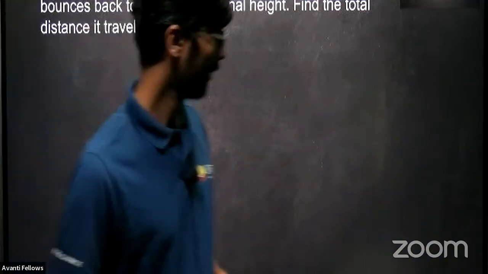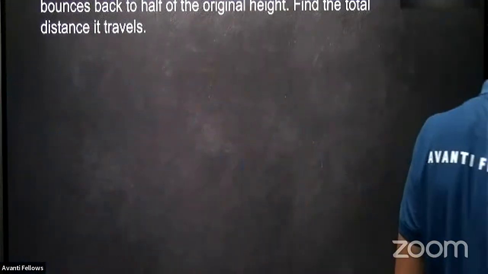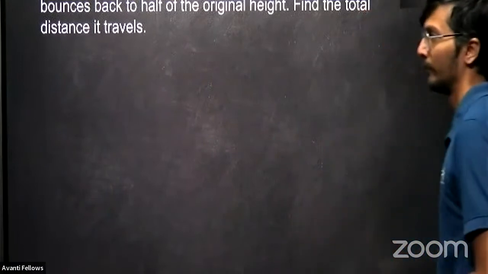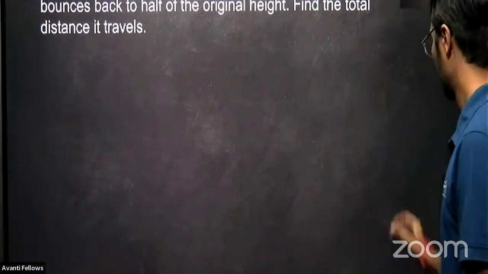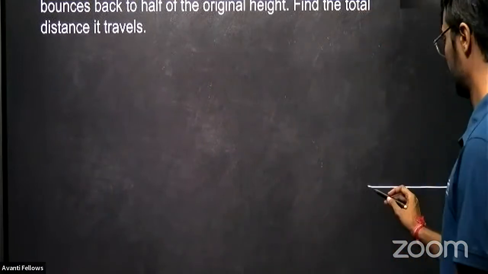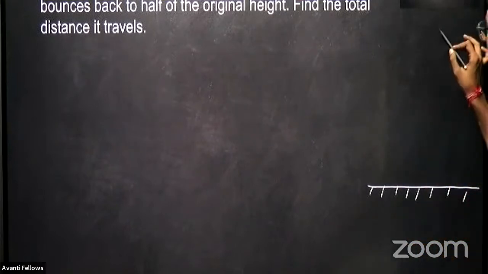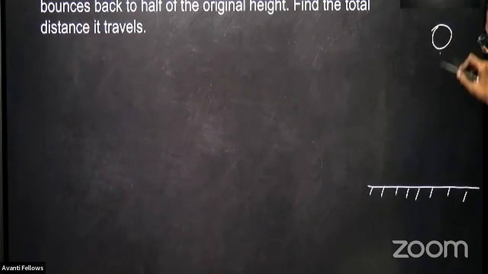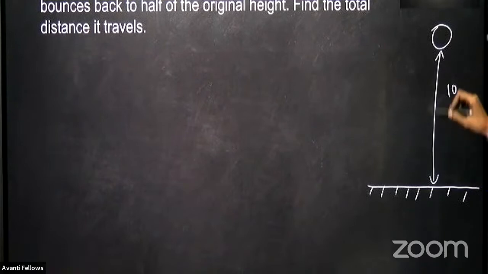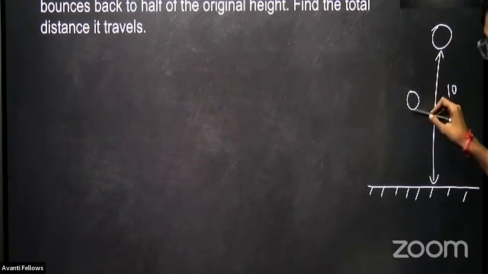So I hope you read it. What it is saying is, here is the ground and the tennis ball, which is 10 meters above, is thrown down. When it's thrown down, it bounces to 5 meters.